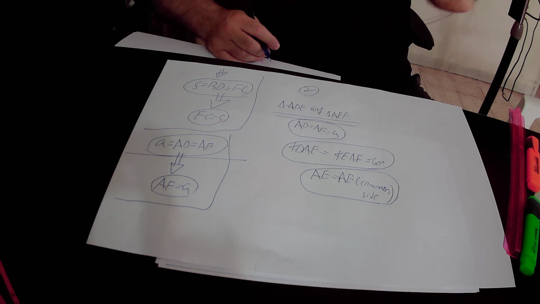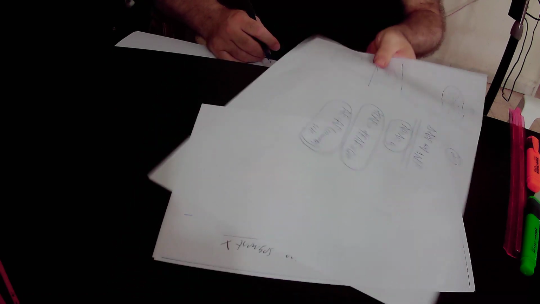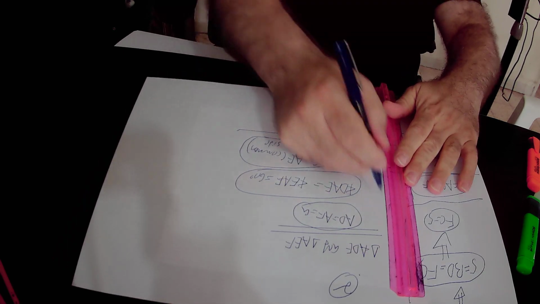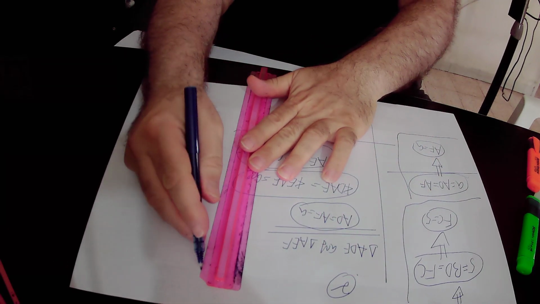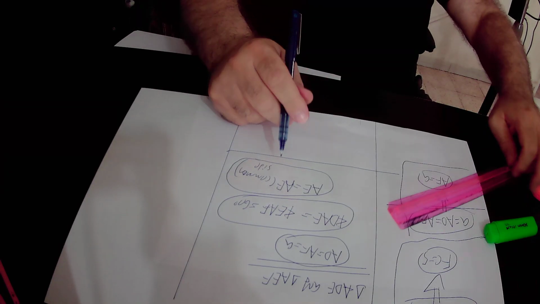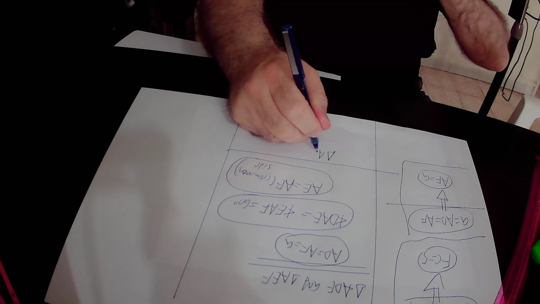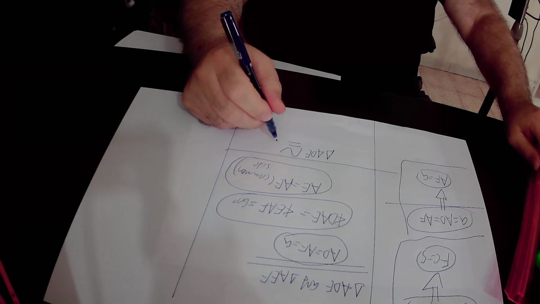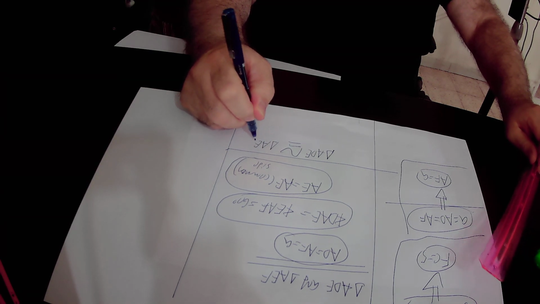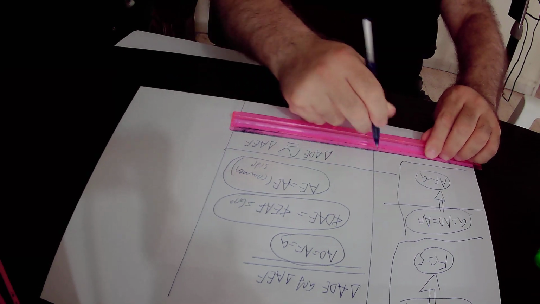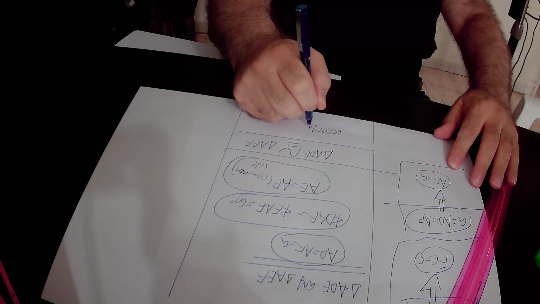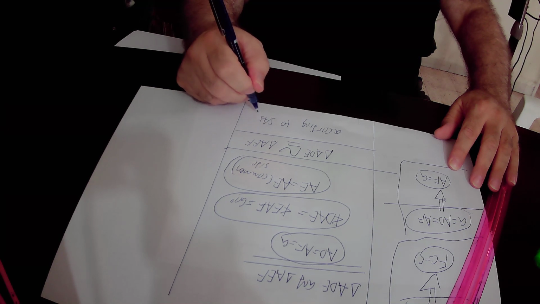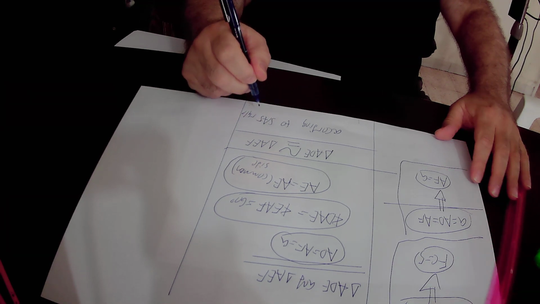So we actually proved that the green triangle, triangle ADE, is congruent to the orange triangle, triangle AEF, according to the side-angle-side rule. Okay.